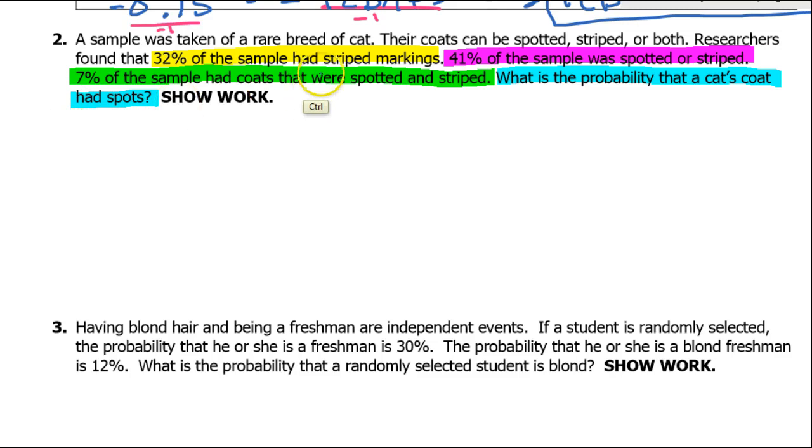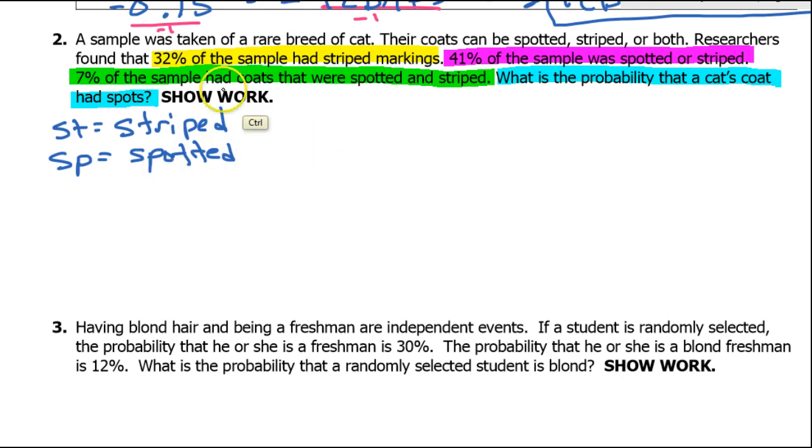So I'm going to let ST equal the percentage of striped cats. So ST will equal striped, and SP will equal spotted. Okay, so 32% is striped. So that means that the probability of striped is 0.32.